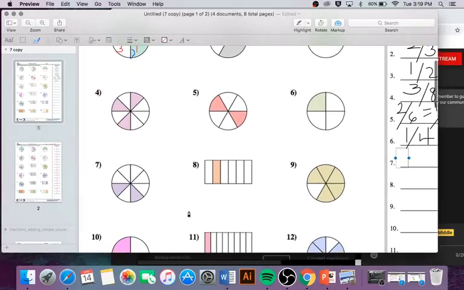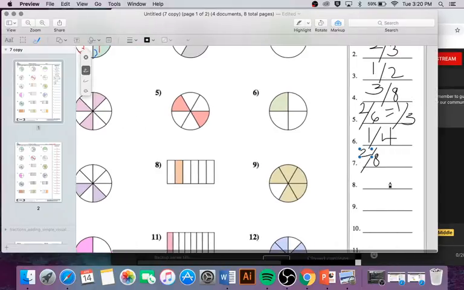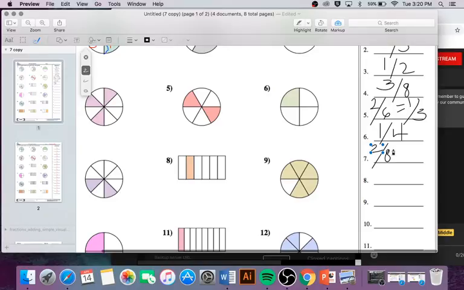For number 7, we have 1, 2, 3, 4, 5, 6, 7, 8 parts in our whole. So our denominator is going to be 8. And we have 1, 2 parts shaded in, so our numerator is going to be 2. 2/8 is not in simplest terms.